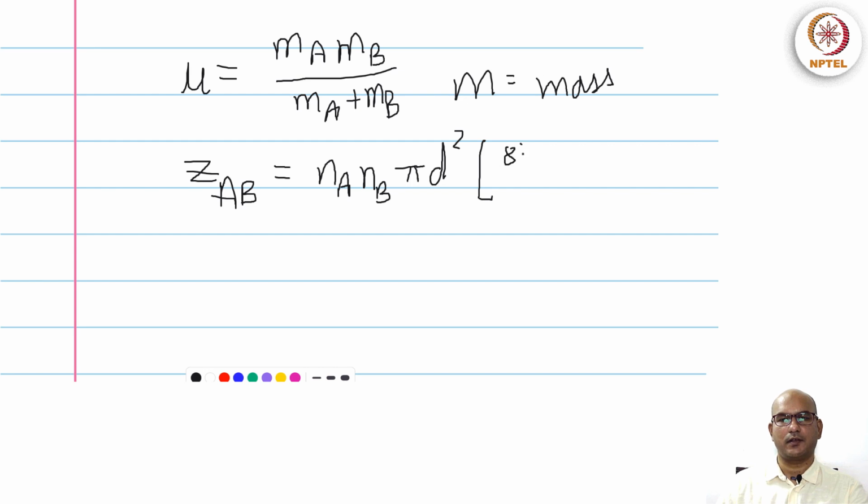So 8 kB T, T is the temperature, by pi mu to the power 1 by 2.